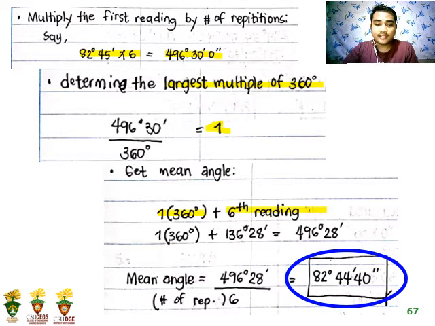So 1 times 360 plus 136.28 gives 496 degrees and 28 minutes. To get the mean, divide 496.28 by the number of repetitions, which is six. Therefore, we have 82, 44, and 40. Simple, class, you can easily understand.